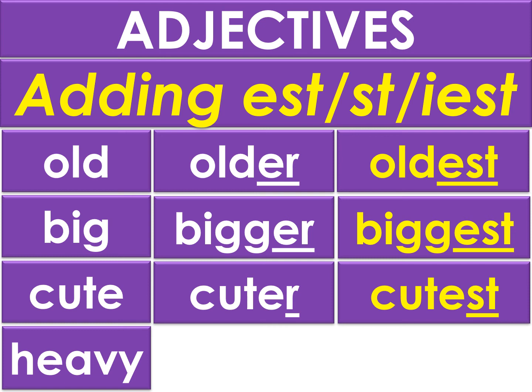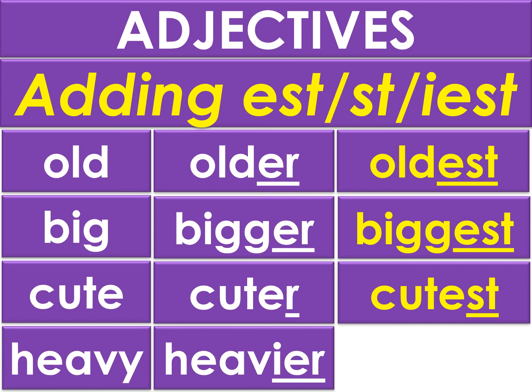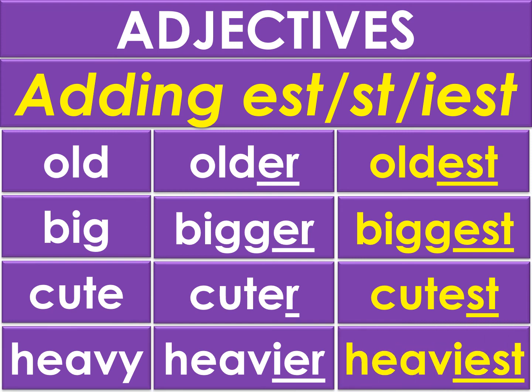And with our adjective heavy, which ends in a Y, when we're comparing two things, something is heavier than something else. But if something is the heaviest, we have to get rid of the Y and then add IEST. So Teacher Donald is the heaviest teacher in the world? I hope not.